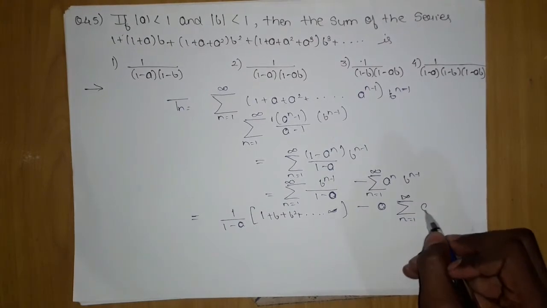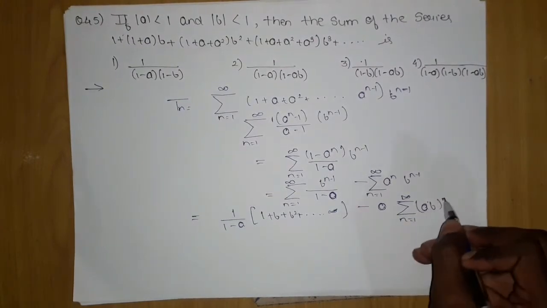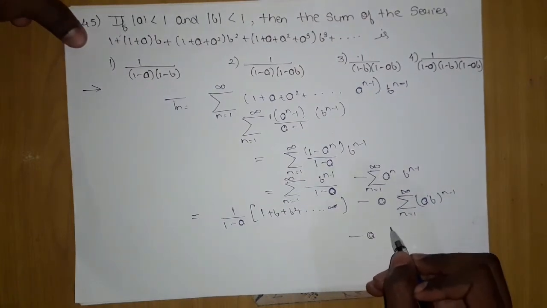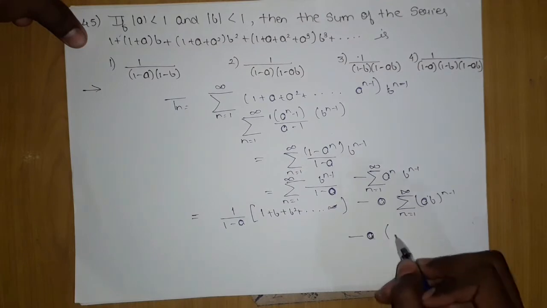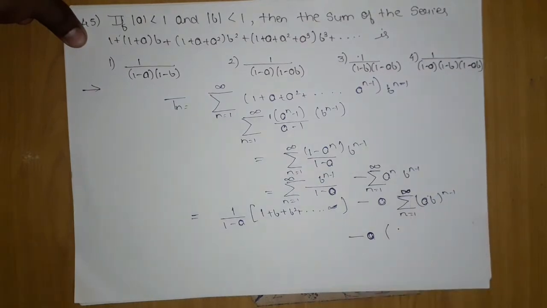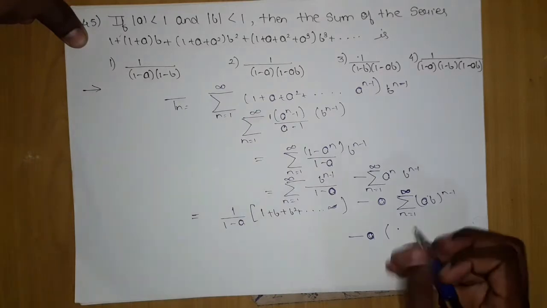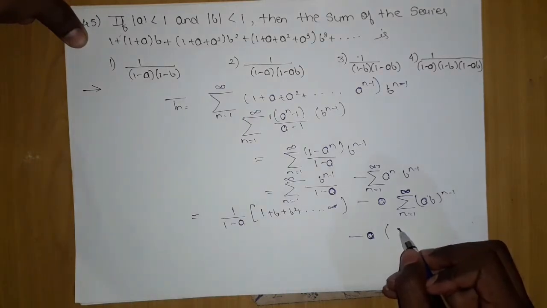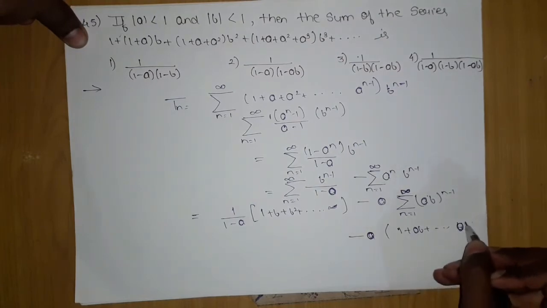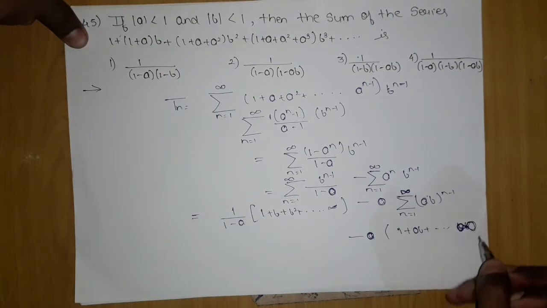Since I have removed 1 by 1 minus a, a power n, a into b power n minus 1. Now I can open it, which is nothing but 1 plus ab and so on, till the last term, ab power, till infinity.